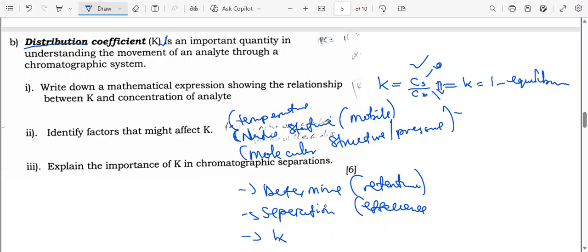This means how much the analyte is distributed. So we talk about the capacity factor. To explain the importance of K in chromatography: one, it determines the retention time and controls the separation efficiency, and it also influences the capacity factor.